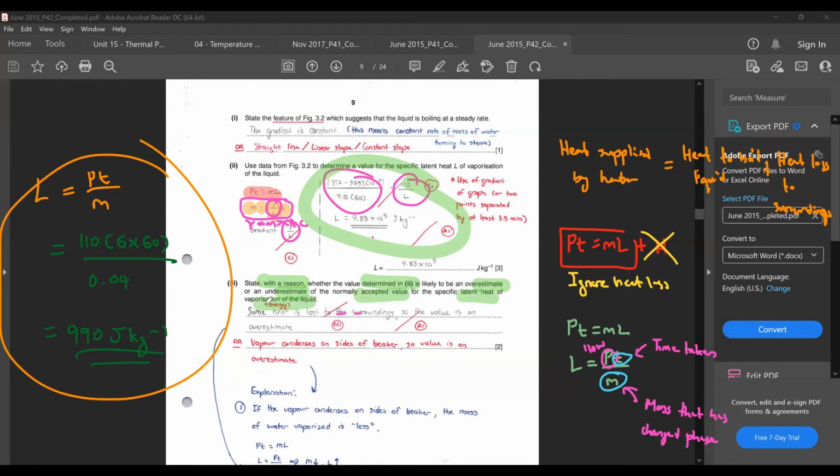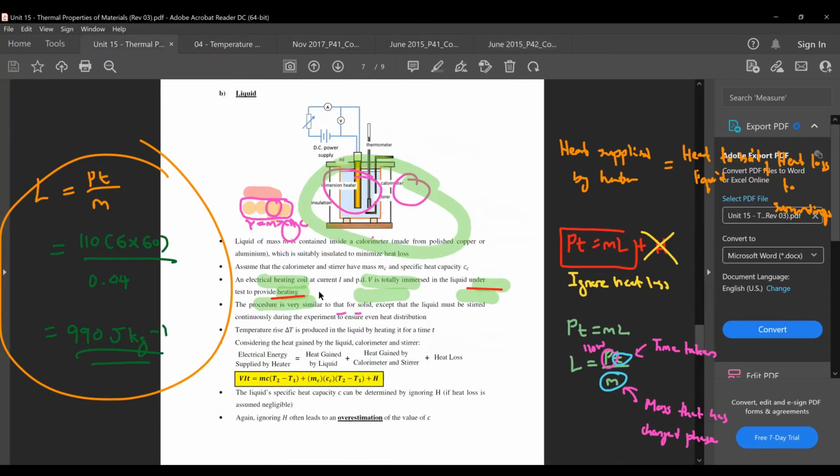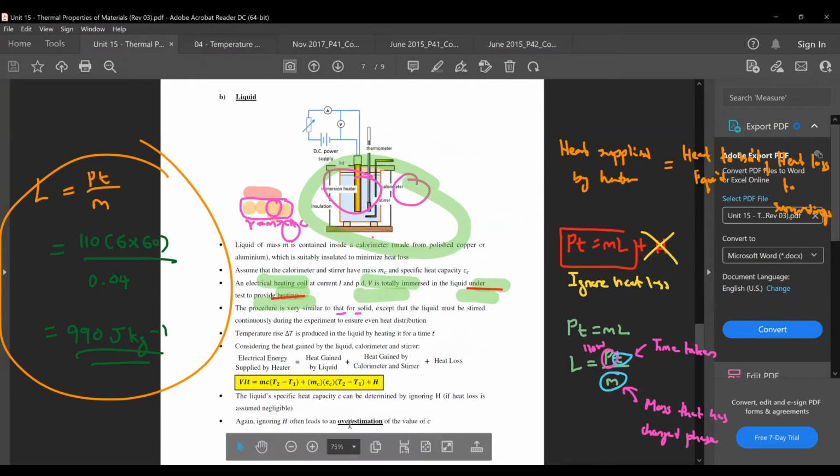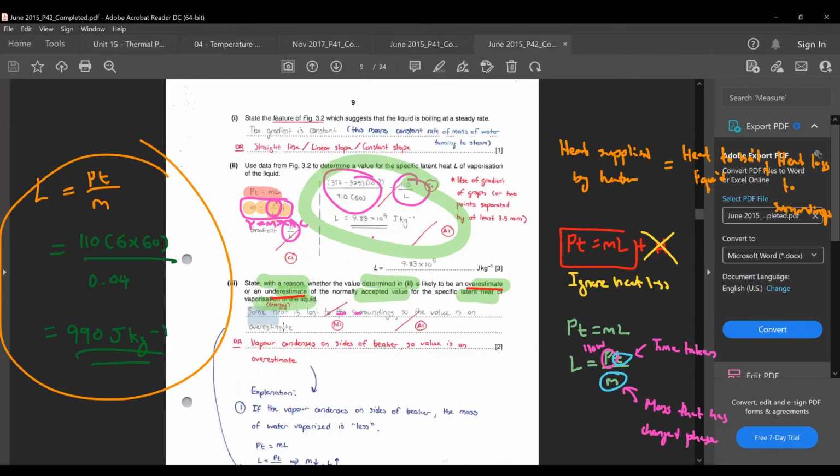So because you ignore heat loss here to calculate L, do you think it's going to be an overestimate or underestimate? So taking a hint from what we learned from determining specific heat capacity, we know that if you ignore heat loss, it often leads to an overestimation of your values. So this one you can just say, there is actually heat loss to surroundings. The value will be an overestimate.